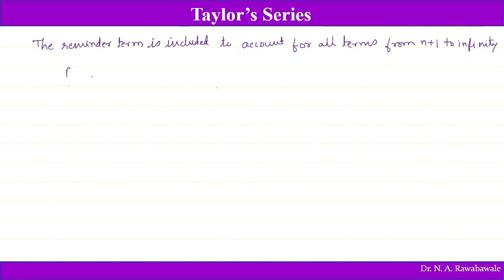So this remainder term Rn is given by f of n plus 1 of zeta divided by n plus 1 factorial times xi plus 1 minus xi to the power of n plus 1. This is equation number 5. This gives us the remainder term.